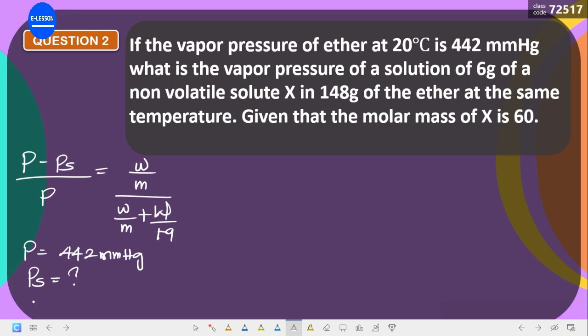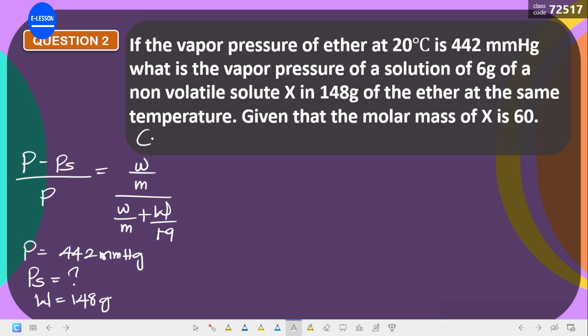Of a non-volatile solution in 148 gram of ether. It means that the mass of the pure solvent, which is ether, is 148 gram at the same temperature, given that the molar mass of X is 60. Now, whenever you are given a question like this, I believe it was just an omission.